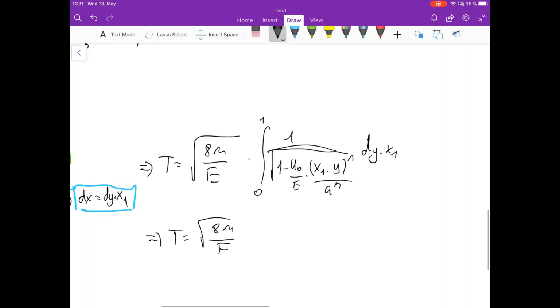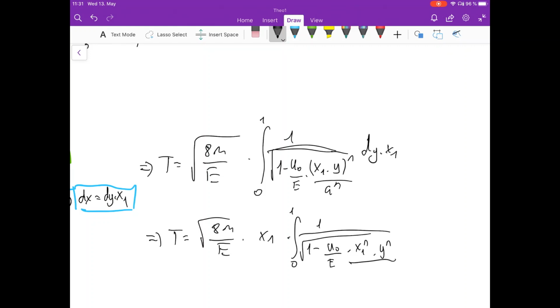So then t is equal to the square root of 8m divided by e times x1 times the integral from 0 to 1 of 1 divided by the square root of 1 minus u null divided by e times x1 to the power n times y to the power n divided by a to the power n, dy.